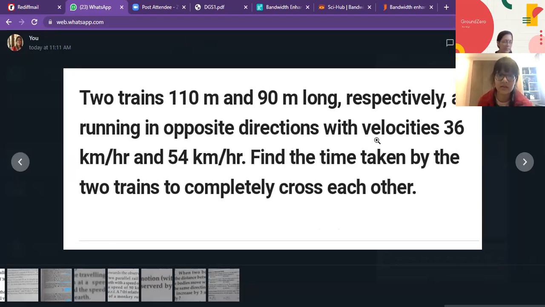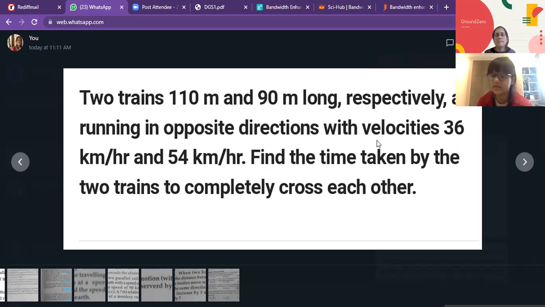Eight seconds. Yeah. So what concept did you use in this one? Like one train will be at rest. So the total distance will be 200 meters and the total velocity will be 36 plus 54. That is 90 kilometers per hour.